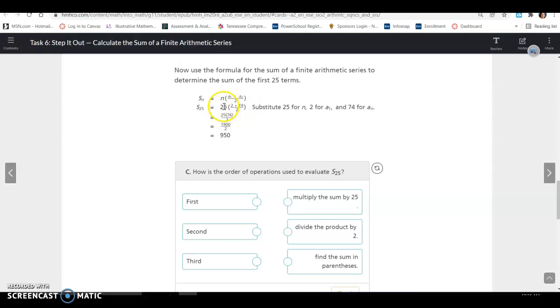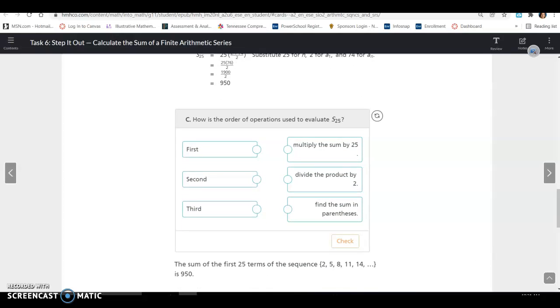Multiplication and division, the order doesn't matter, but you do have to add 2 and 74 first. So 2 plus 74 is 76. Then they bring the 25 in and multiply to get 1900 over 2, and that means S of n is 950. So if you add the first 25 terms of that sequence, you would get 950.